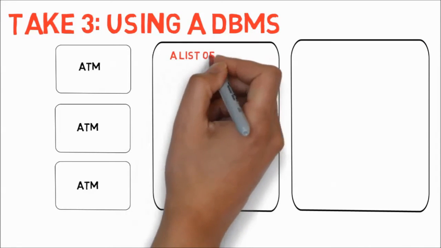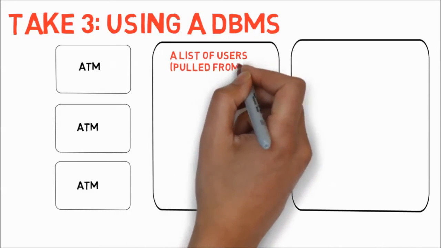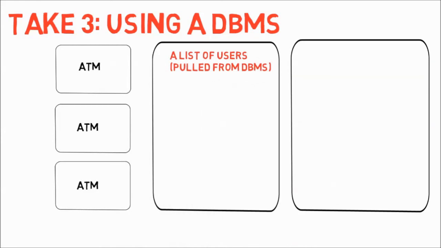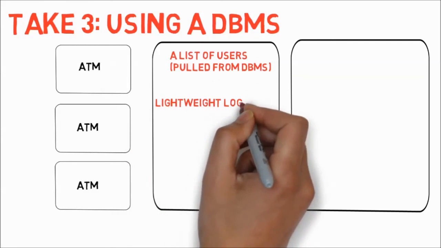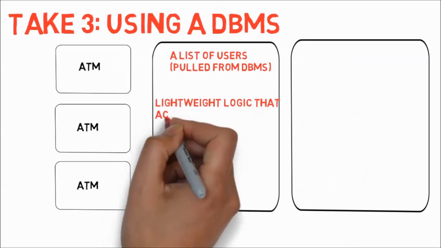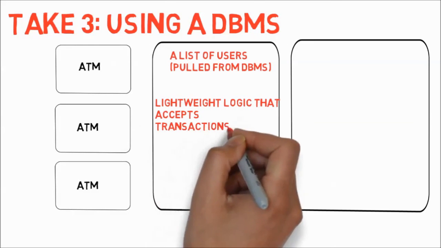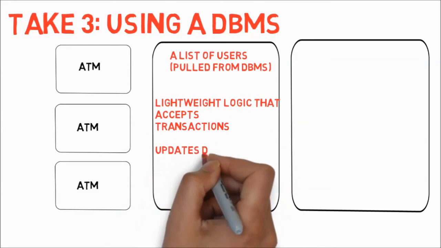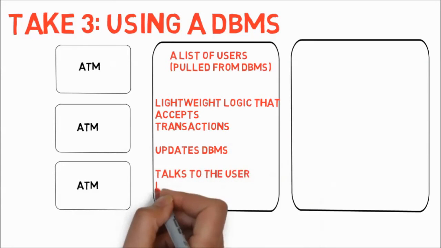That is, it accepts data regarding the transactions, whether they are withdrawals or deposits, and what is the amount, which account are they affecting, and so on. It also maintains a list of users pulled from the database. It accepts the transactions and updates the database with the changes. It also talks to the user if needed.